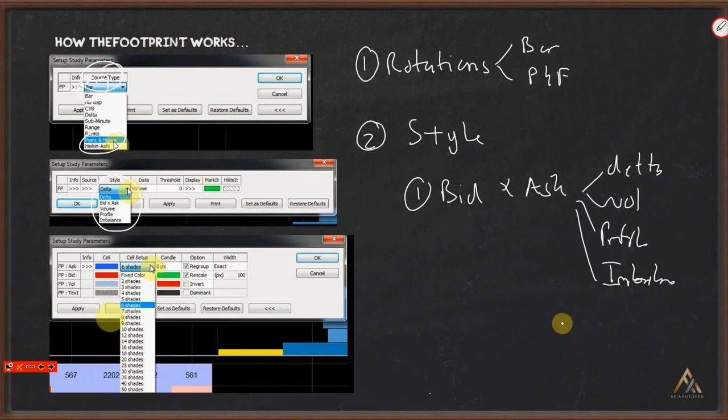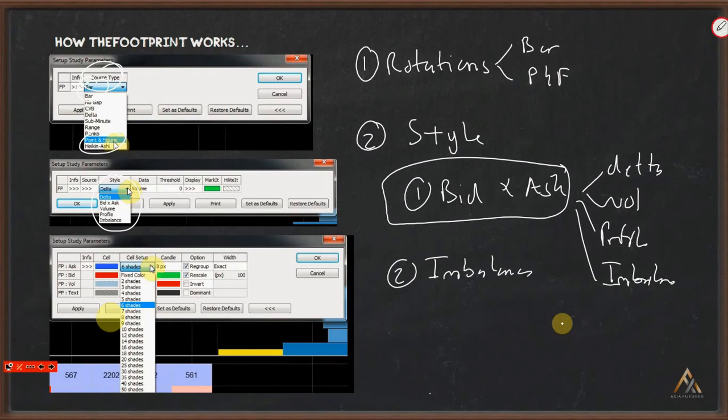So if you use just this one style, it will incorporate all the information that you can find in the other four styles. However, that being said, we will go over the imbalance. It's a very specific trade strategy. I will show you how to utilize it and how it can give you meaningful information.